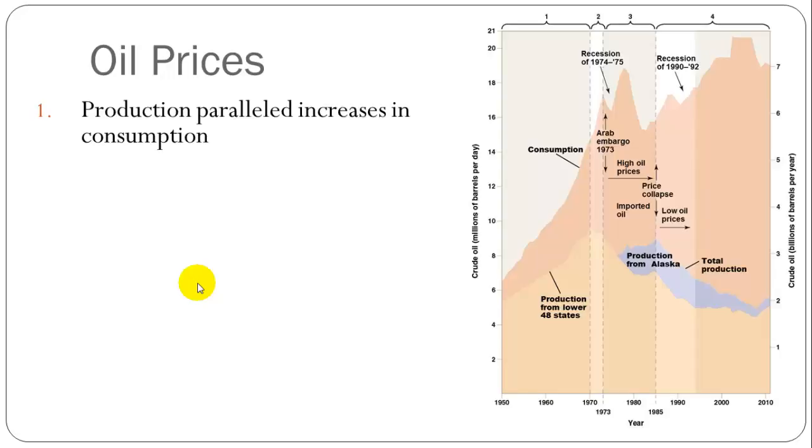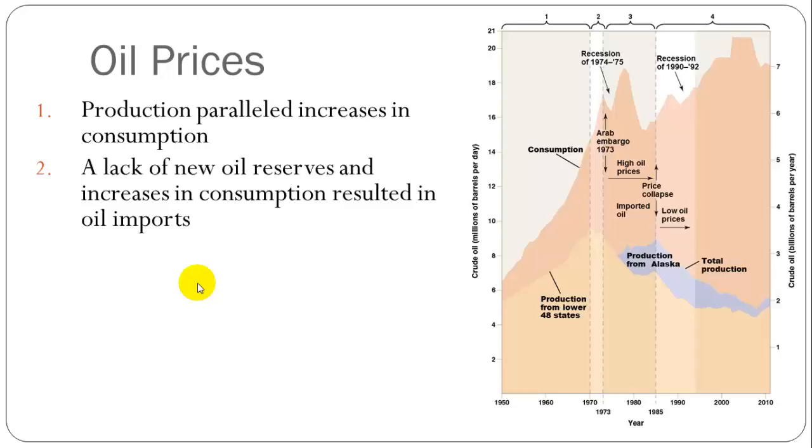So production paralleled by an increase in consumption leads to a stable price, and generally this is what happens once you first find an area, you're going to produce as much as you are using.